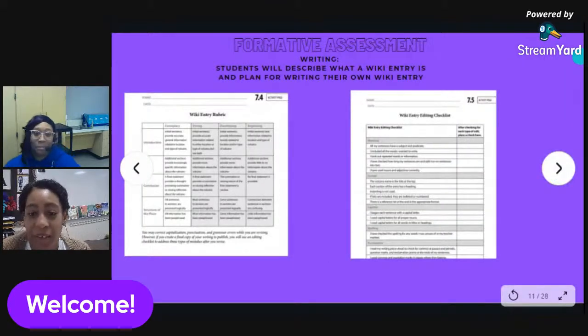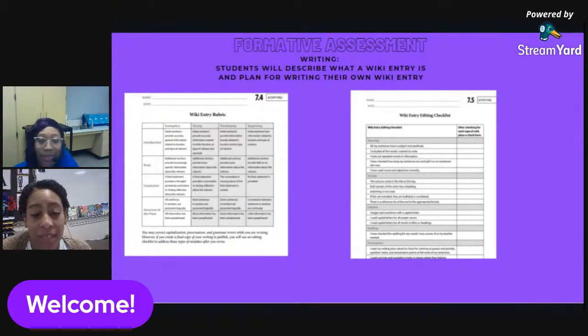Okay. Before we talk about this, these five lessons really spiral. They all spiral, but this one spirals all in the same week. So this is not the first time we're going to see, well, let me read the primary focus. For writing, students will describe what a wiki entry is and plan for writing their own wiki entry.